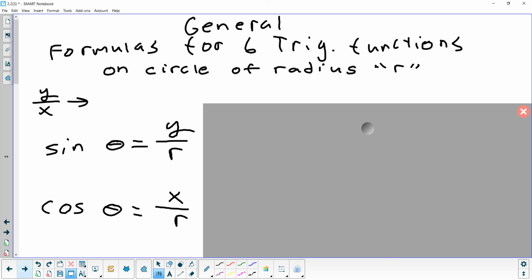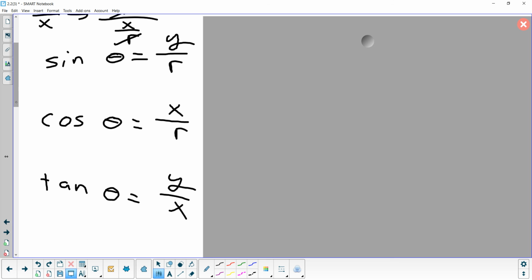Replace y with y divided by r, and replace x with x divided by r. What happens if you divide those two fractions? Cancel out the r's. Yeah, the r's just cancel out, and you end up with exactly the same thing that we've always had for tangent.